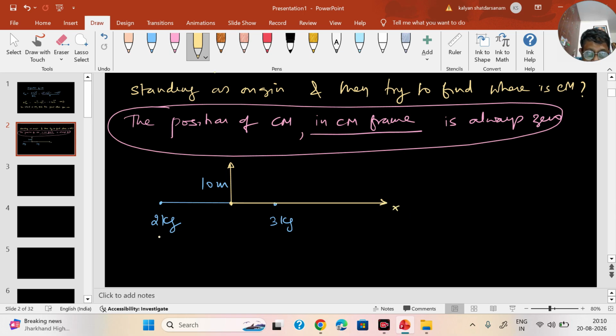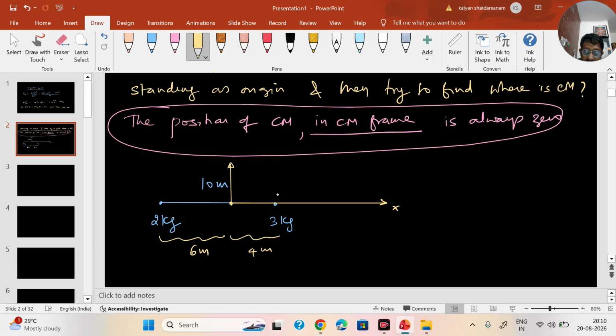And where did I take origin? Actually, I took it 6 meters from 2 kg and 4 meters from 3 kg. Just casually I took it there. I did not do any calculation or anything. I just said, okay, I'll take my origin here. And then now I am trying to find where is center of mass.